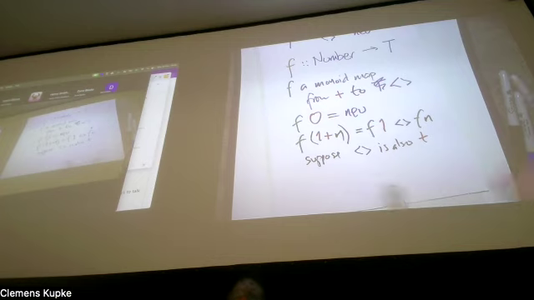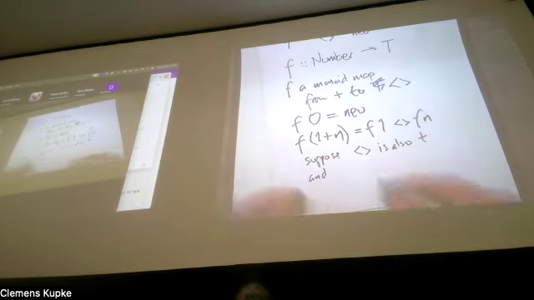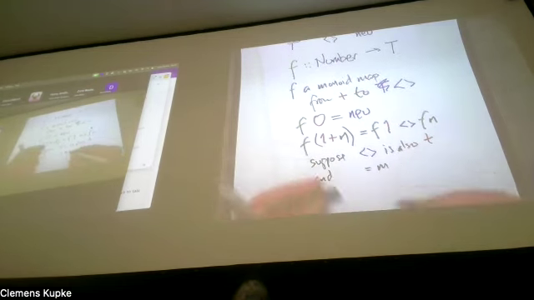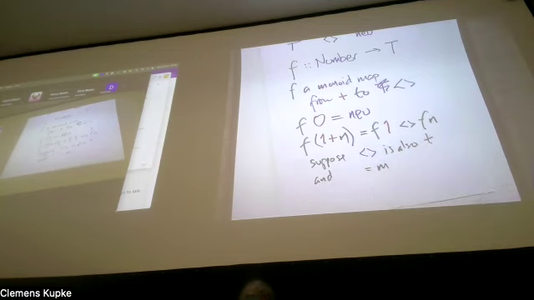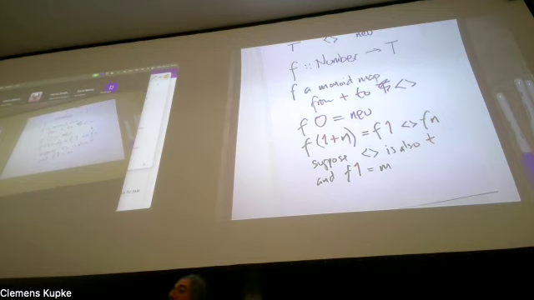And f of 1 is m. What does f compute? Doesn't quite compute m.